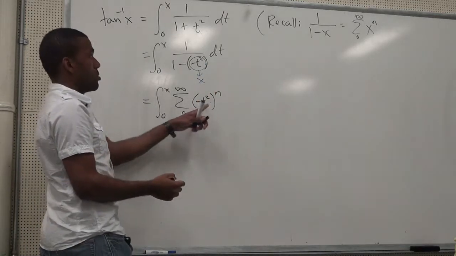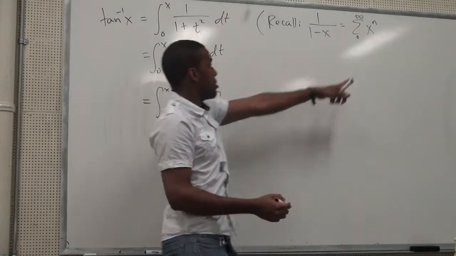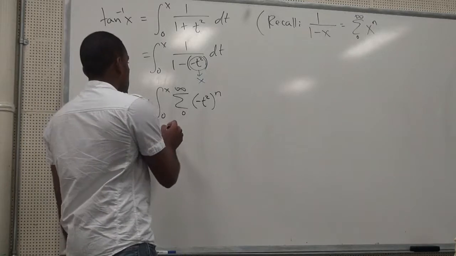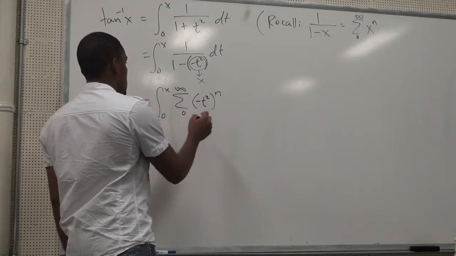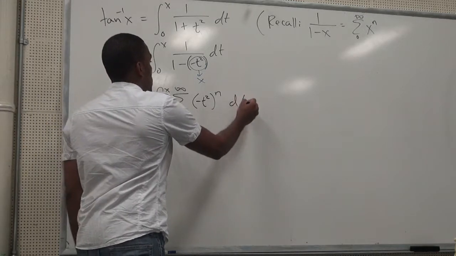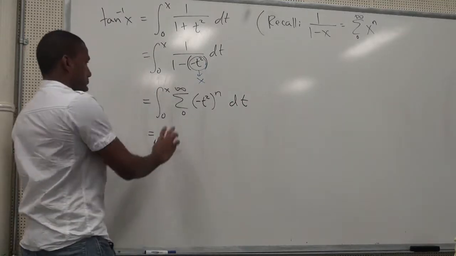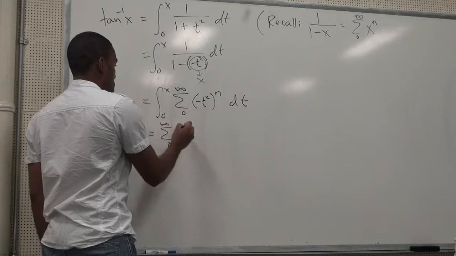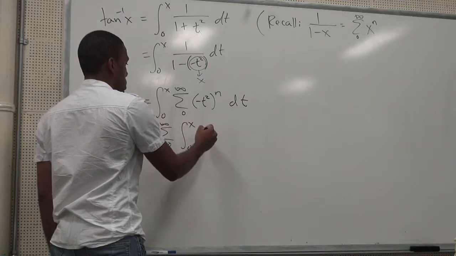It just replaces the x, right? And so this is actually dt. Now, absolute convergence says we can switch these, so this is just going to switch here, and you're going to integrate from 0 to x.